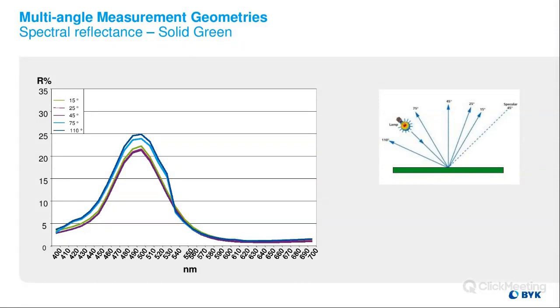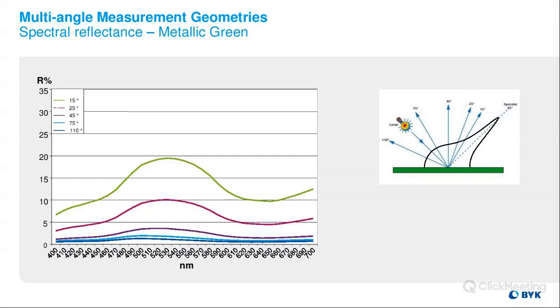But once we introduce one of those effect pigments, so this is a metallic pigment like aluminum flake. So now this is a green color, but it's a metallic green, meaning there's metallic pigment in it. All of a sudden those different observation angles are seeing drastically different spectral curves.